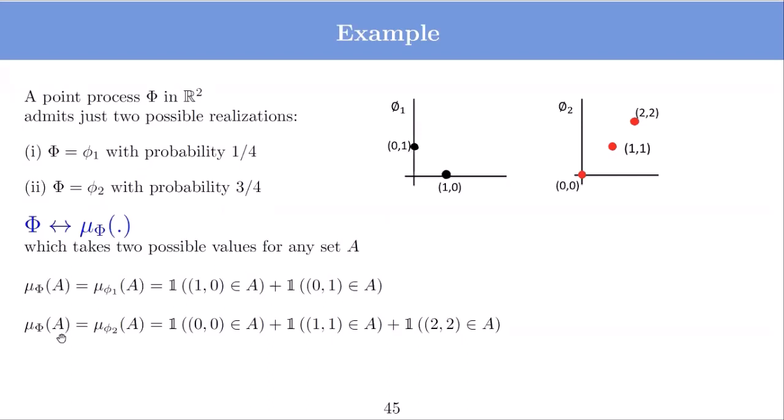Similarly, for the other realization, mu phi takes the value mu phi 2 A, which is nothing but the summation of indicators over these 3 points. So now you can understand that mu phi takes 2 values, this one and this one. This will take probability 1 by 4 and this is 3 by 4. This is a measure, this is a measure, and because capital mu phi A takes these 2 values with some probability distribution, mu phi A is a random measure, which uniquely represents your point process phi.